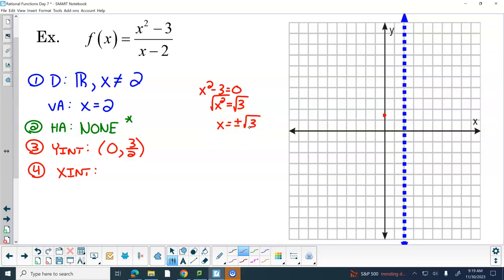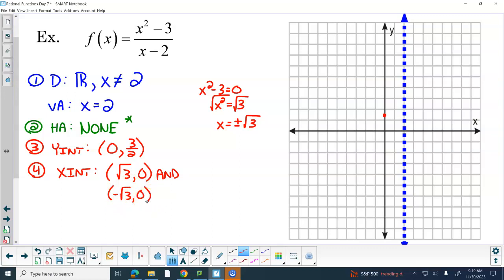So x is going to be plus or minus the square root of 3. So that's going to be square root of 3, comma 0, and negative square root of 3, comma 0.